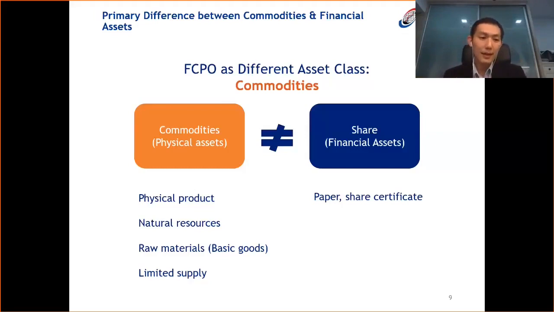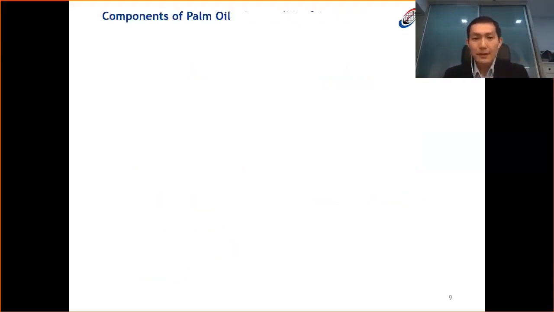So the demand and supply factors behind are very, very different. Later, I will go in depth to share with you the key fundamental factors in analyzing FCPO. All right, can follow? Good.